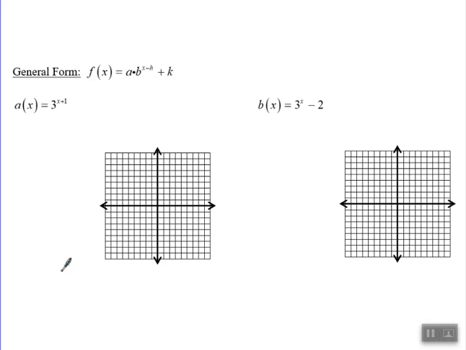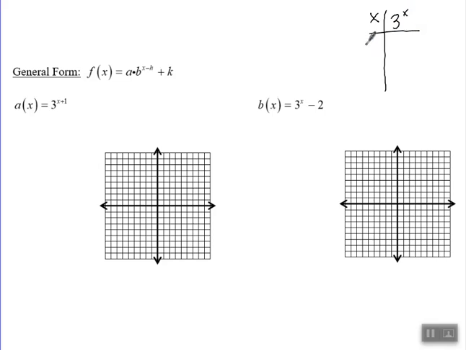A is going to stretch the graph. The point h, k tells you where your starting point is, and then the base, as we just saw, affects how steep your graph is. All of our graphs that we're going to look at have a base of 3, so I'm just going to go ahead and write out our t-chart for 3 to the x.